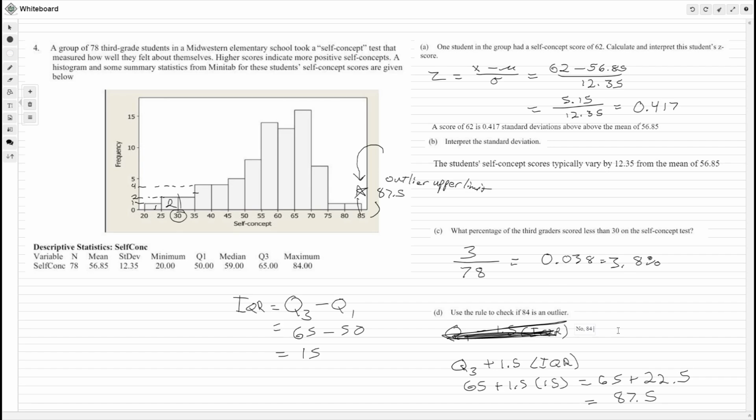No, 84 is not an outlier because it is less than the outlier upper limit of 87.5. That would be a solid enough answer that not only checks if 84 is an outlier, it gives a brief explanation as to why. And that's it.